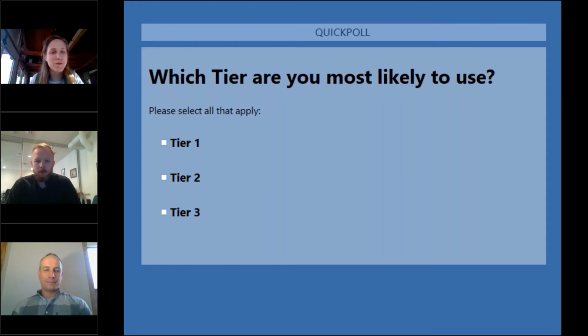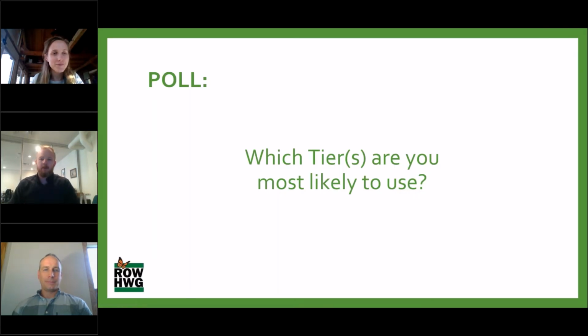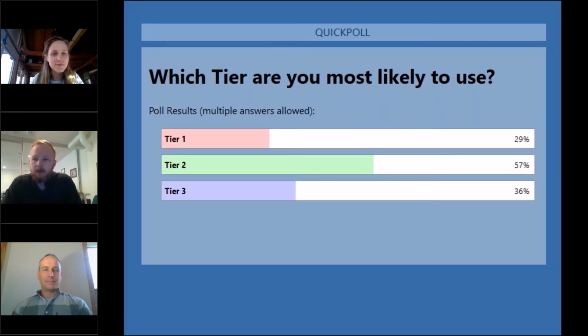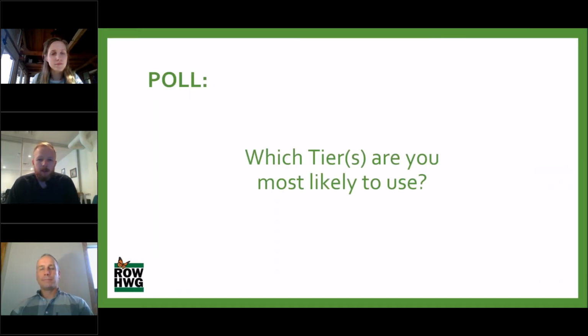Okay, why don't we close the poll? Great. So we got a majority opting for tier 2, and a few tier 1, and a few tier 3. Excellent. All right.